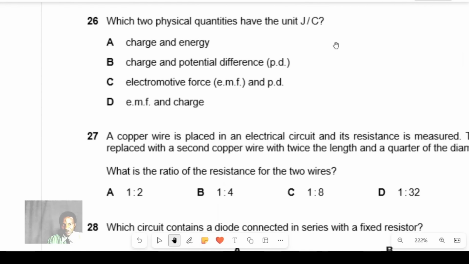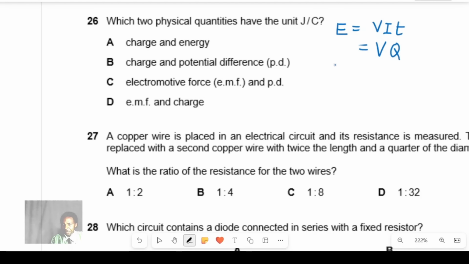Okay, question 26. Which physical quantity has the unit J divided by coulomb, J/C? You remember that electrical energy is equal to the voltage multiplied by the current multiplied by the time, so you can also put it as E = VQ.